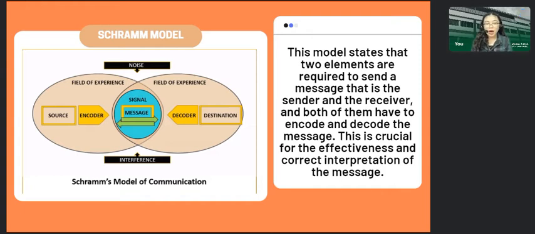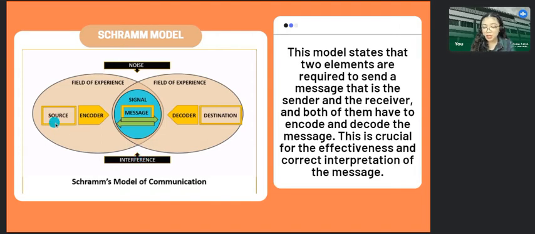Okay, so as you can see, like what I've said earlier, transactional and interactive model of communication, almost the same. But as you can see, it is also a two-way process. It has feedback. But dito, nakikita nyo dito sa diagram na to, may interference. Okay?